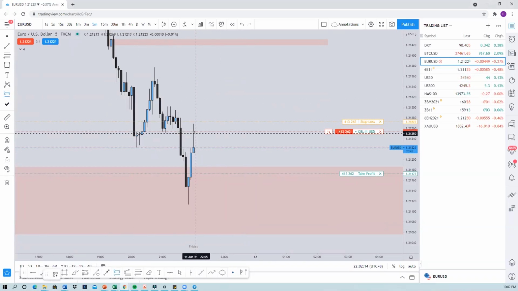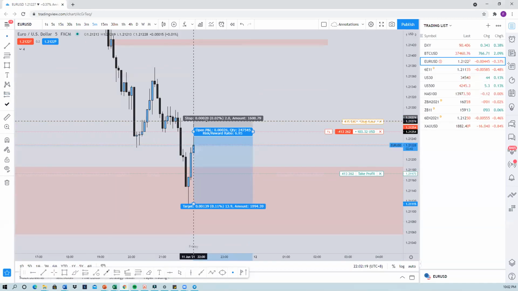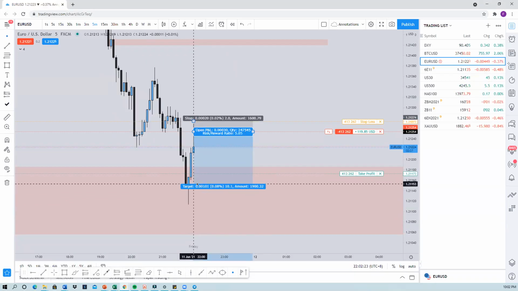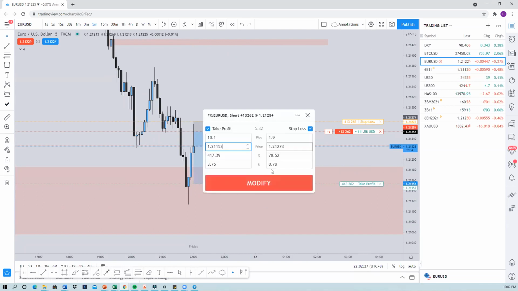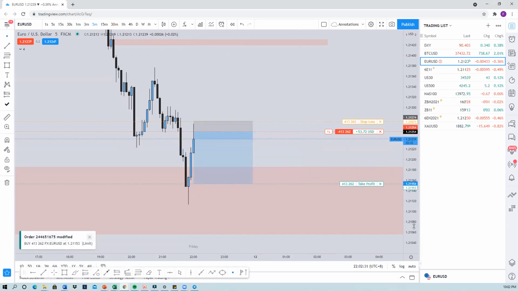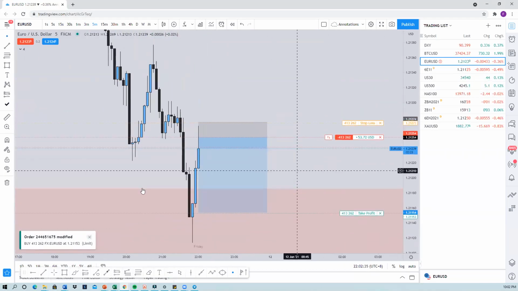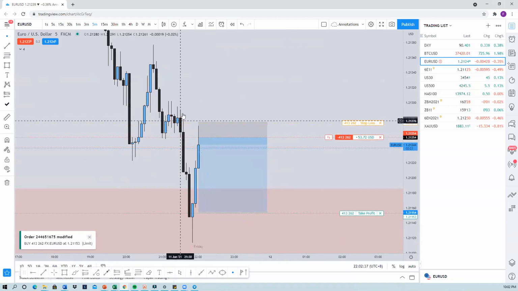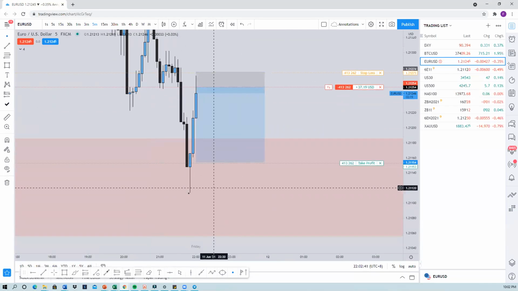Let me just make this a bit visual. Yeah. So again, like I said, dangerous spot. So I should have gotten it over here, but I missed it. But now it's a dangerous spot because of price coming here.